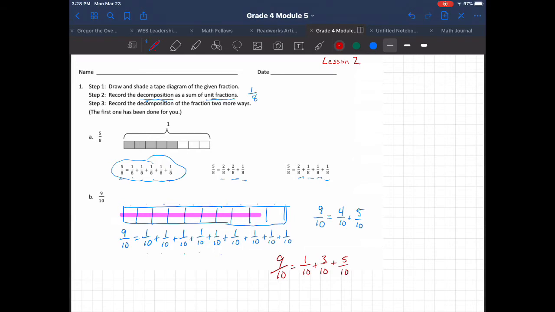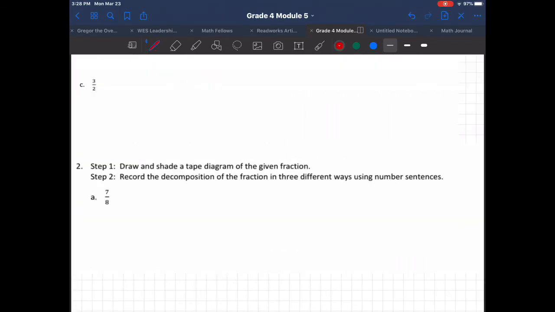Okay, I think we get to do this one more time for part C. We've got 3 halves this time. So, again, first a tape diagram. And I gotta do halves, but I've got a 3rd half here.